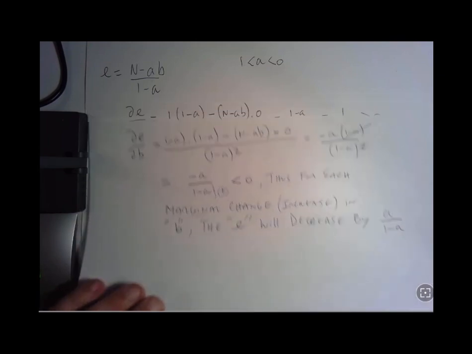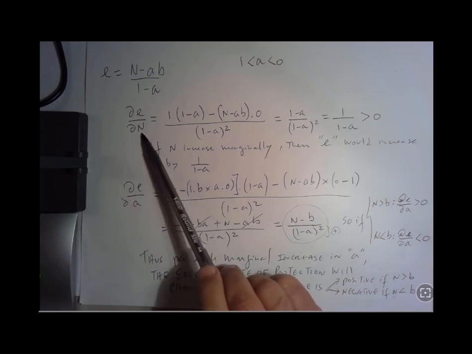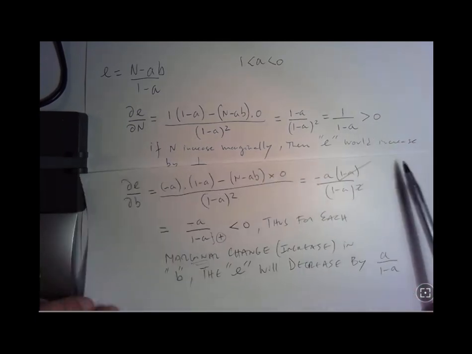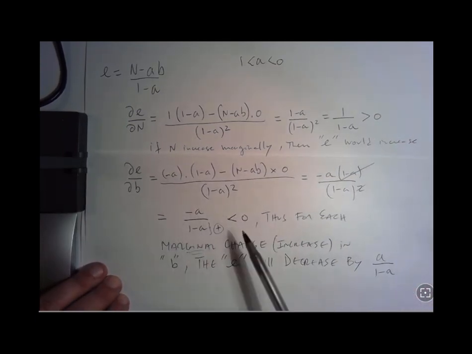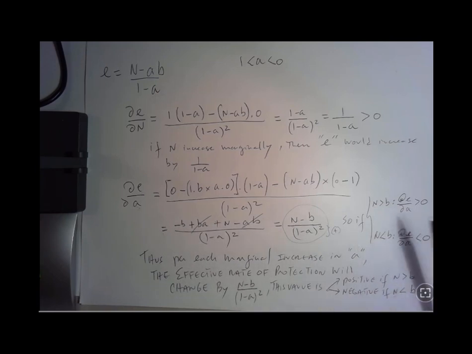So, in summary, this mathematical analysis allows you to take some rules of thumb, which is, if n increases, the effective rate of protection increases. If B increases, the effective rate of protection decreases. If what we import increases as a percentage of the final product, the relevance of that import, then we can have two scenarios.